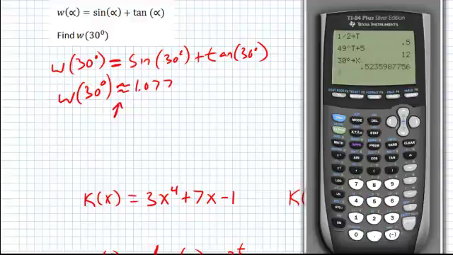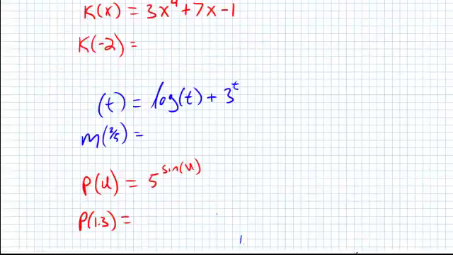Don't worry about that number, that's just your radian value. So let's verify. Sine of x plus tangent of x is 1.077. Verified. Nice.